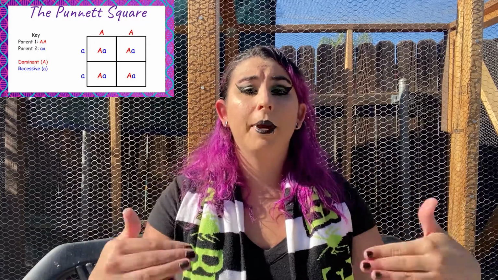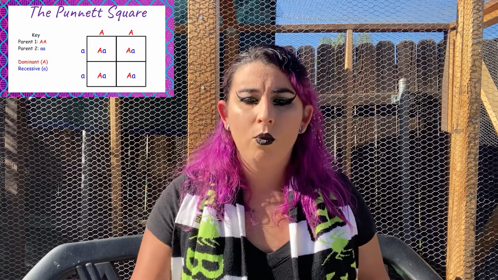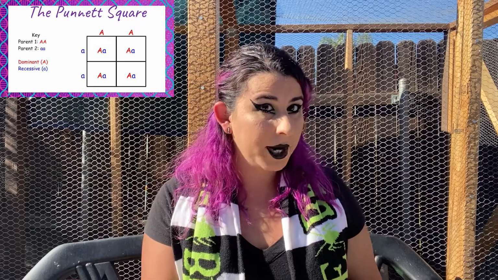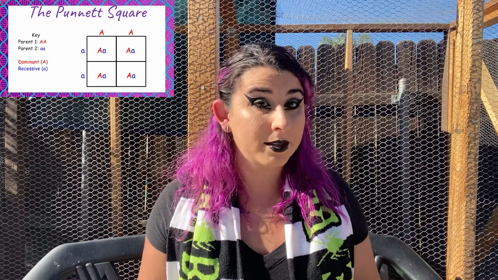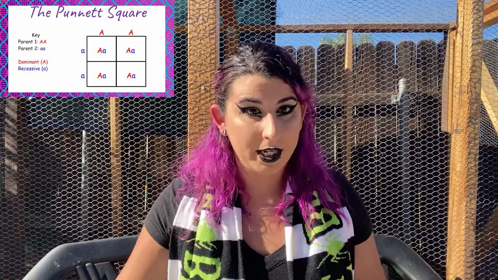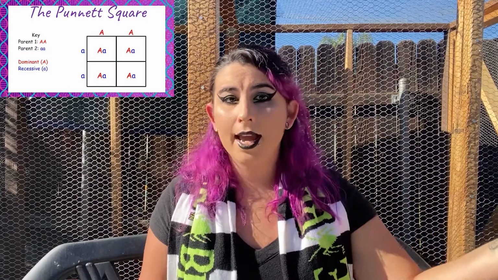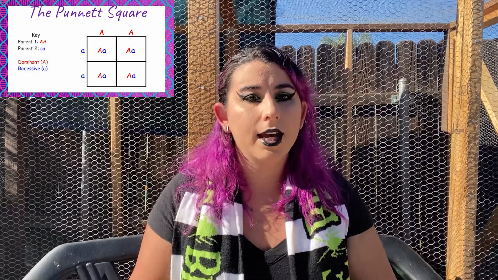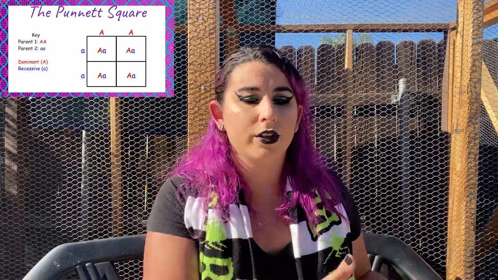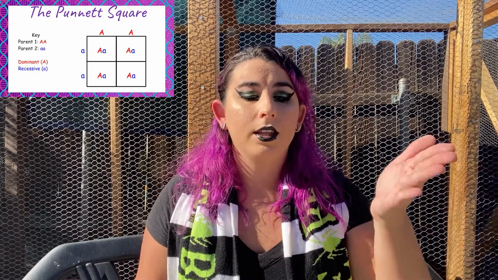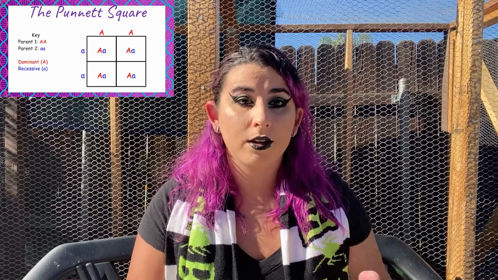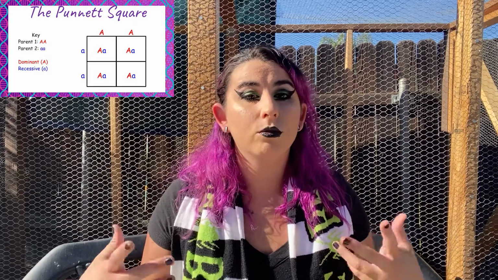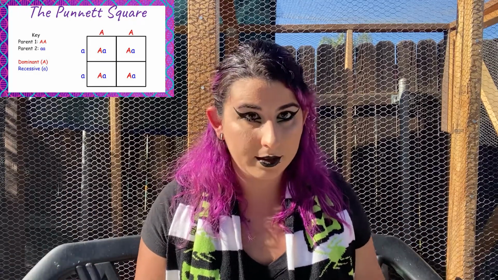You put parent 1 on top, one A on each square, because those are the two possibilities for that parent's gametes. It can either pass on a big A or it can pass on a big A. And then along the left side, you put parent 2's possible alleles, in this case two lowercase a's.